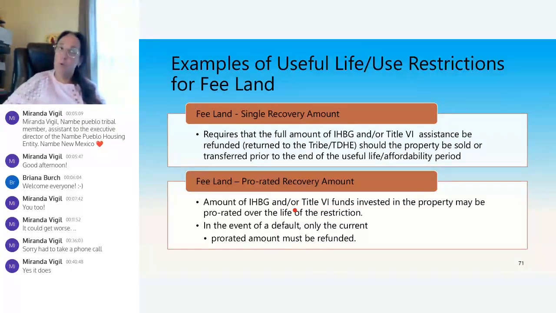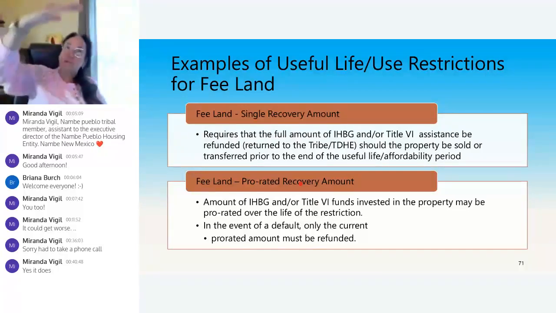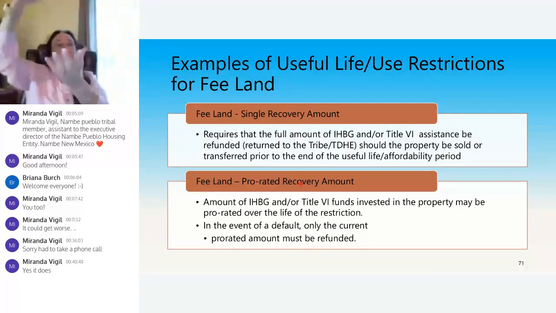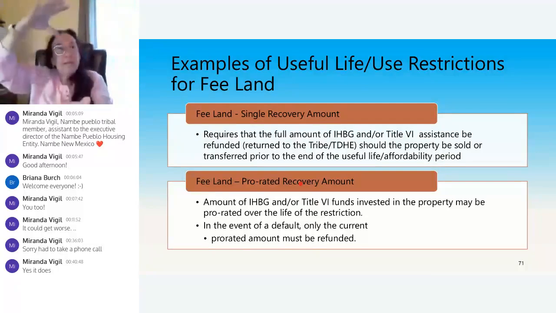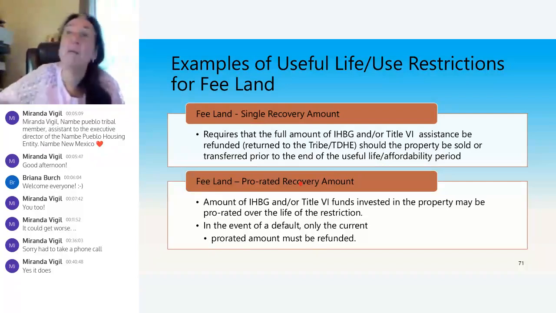If your program said that you were going to use a prorated recovery amount, and that's what our housing authority did, in the 5th year you would only owe $5,000. In the 9th year, you would only owe $1,000. It would decrease about $1,000 a year. So it's prorated depending on how much money it is and the length of time. With a single recovery amount, you owe that whole amount if you make it all the way up to 2 days before it's supposed to expire.